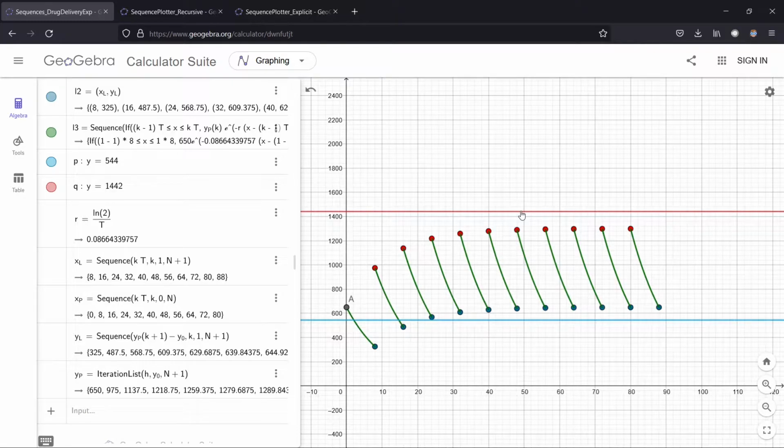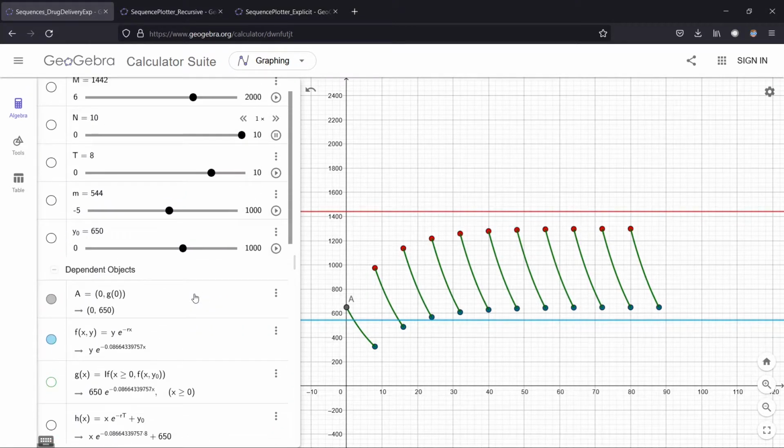So essentially, the limit of both of these sequences is very important, because we want to make sure that the upper level sequence has a limit that's below the danger level for whatever the medication is.